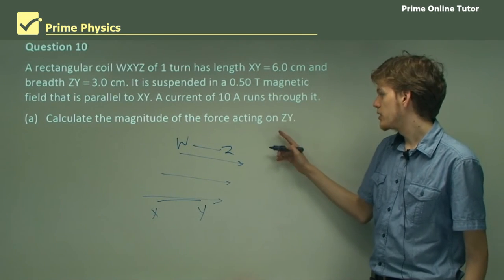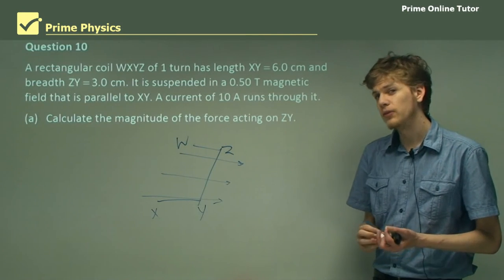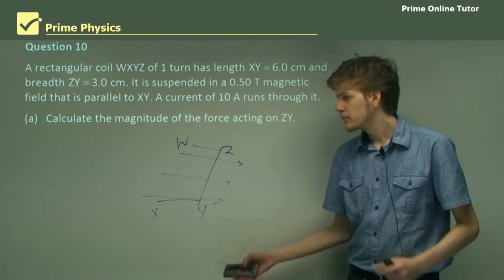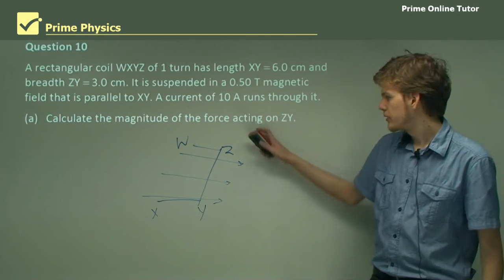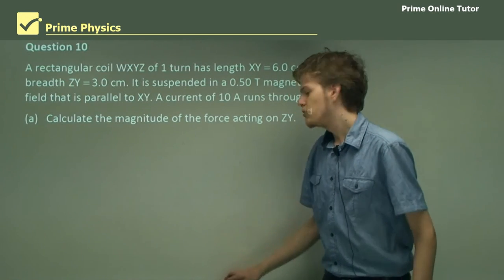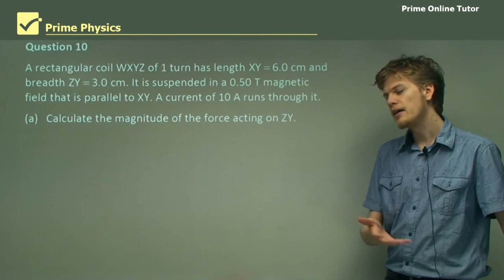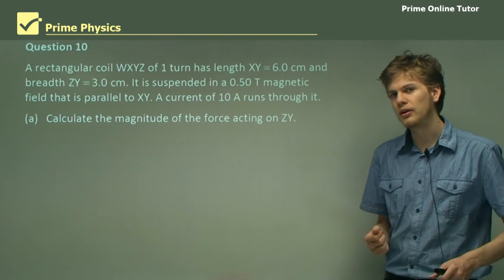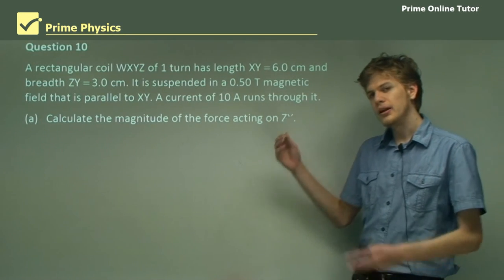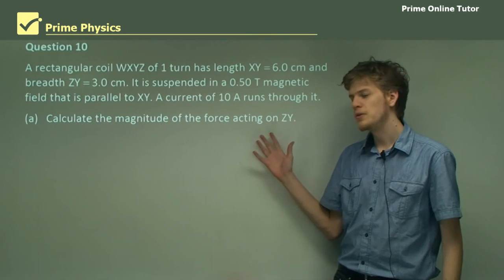That means that if we look at ZY, that's going to be perpendicular to the magnetic field. So in this case, theta is going to be 90 degrees if we're to look at the angle of the coil with the magnetic field. So ZY is a line that's perpendicular to the magnetic field, which means it experiences a force.